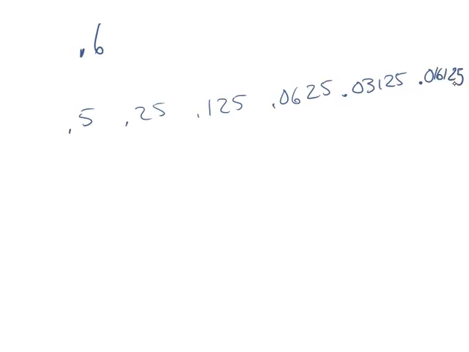Okay, that's as far as I'm going. So if I take 0.6 and I subtract out a 0.5, I get 0.1. Can't subtract out a 0.25, can I? Can't subtract out a 0.125. I can subtract out a 0.0625.